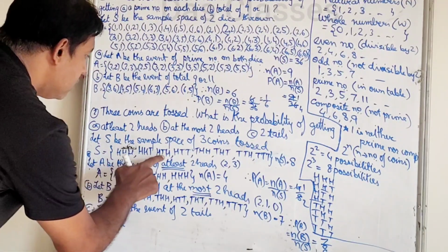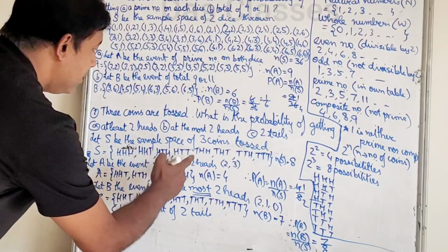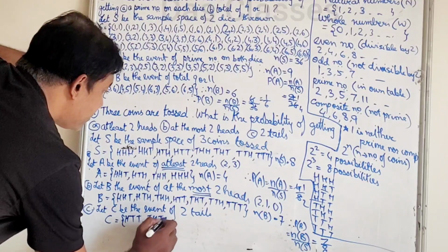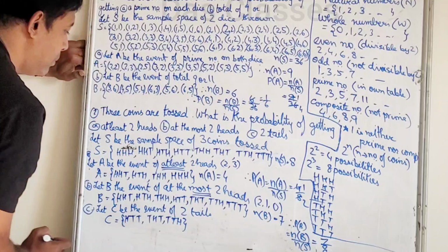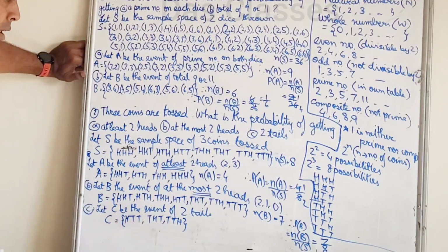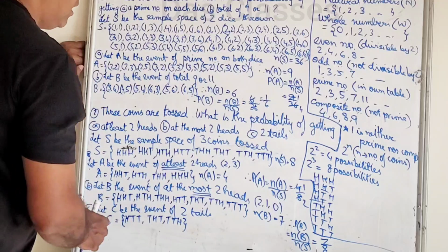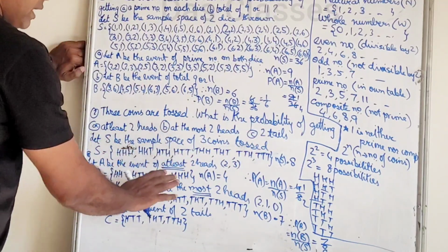Where are 2 tails? Head, tail, tail; tail, head, tail; then tail, tail, head. These are the examples of exactly 2 tails. So neither will you take more than that, nor less than that, because here they want exactly that many, not at least, not at the most.